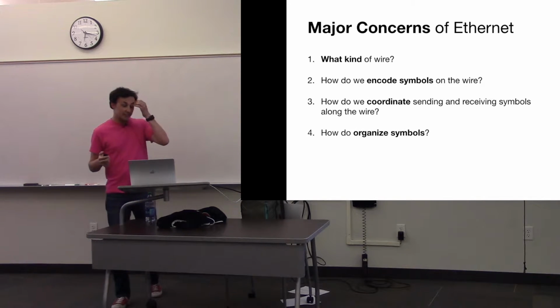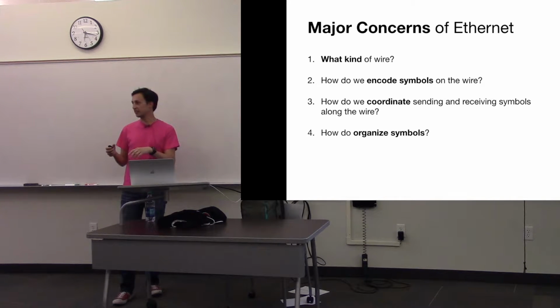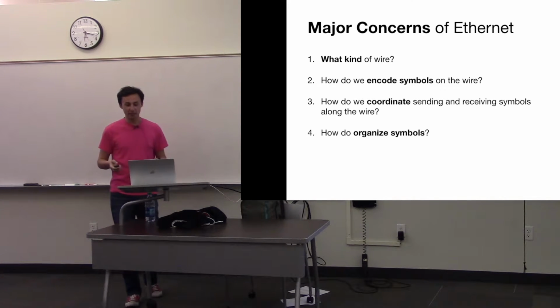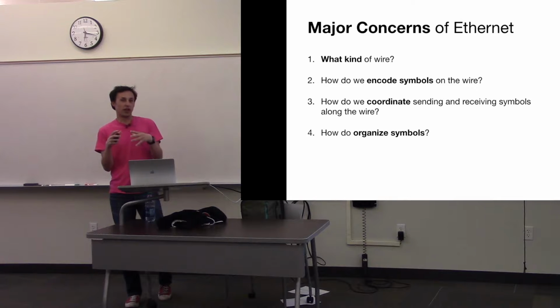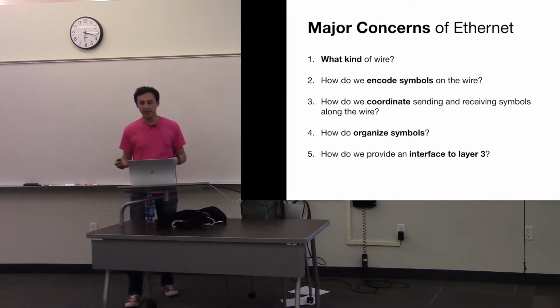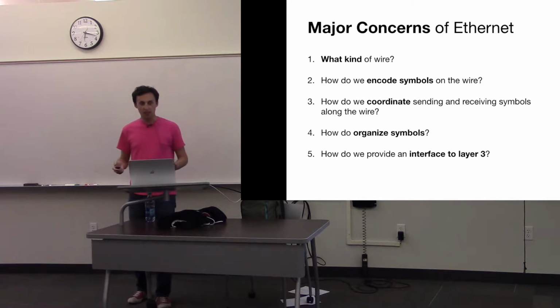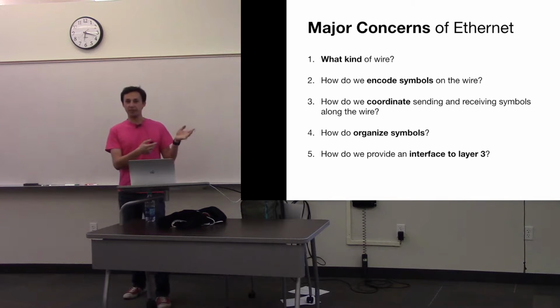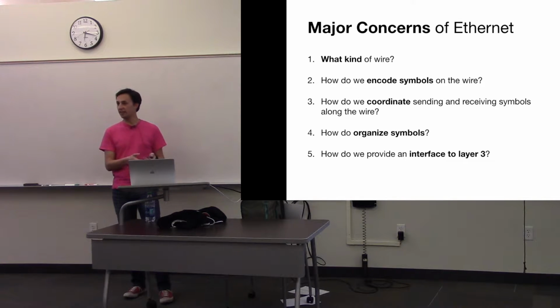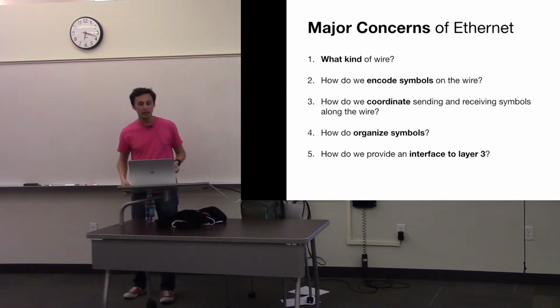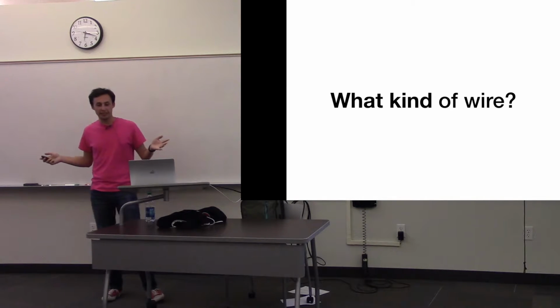How do we organize symbols into things that are more than just a 1 or a 0? So how do we actually encode larger chunks of information? And then how do we provide an interface to the network layer, layer 3, so that we can have the rest of the network on top of it? Because obviously Ethernet is one medium. We also might have Wi-Fi, and they both have the network layer on top of them, and we just swap them out from underneath. So first, what kind of wire are we using?